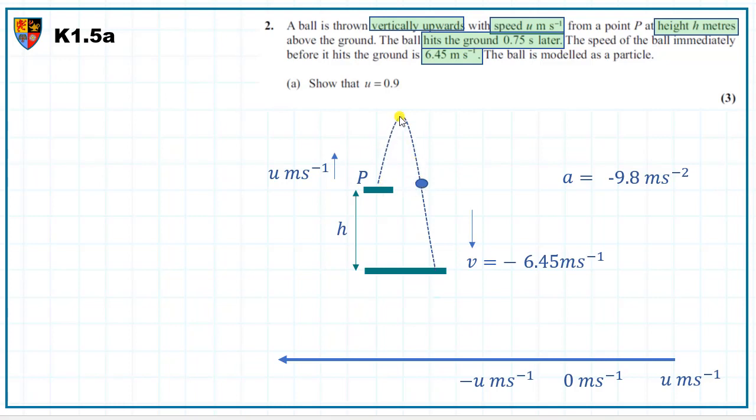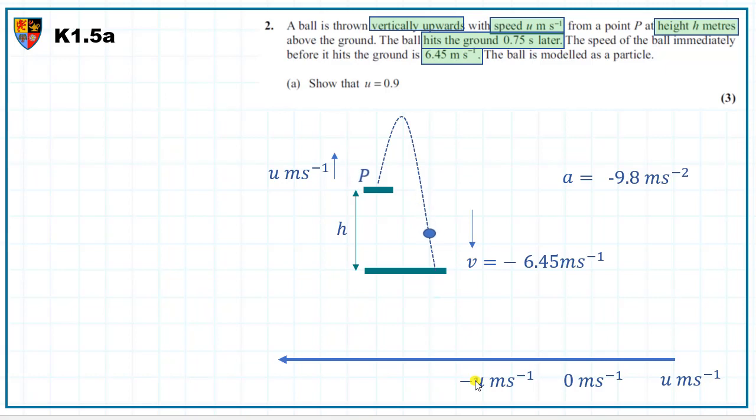Same displacement up, the negative displacement down. Make some sense? The negative velocity down as well. By the time it gets to this point, I have the same speed but in a different direction, so I am traveling at minus U.